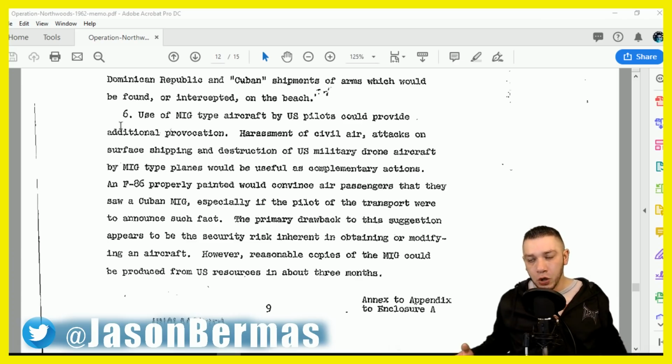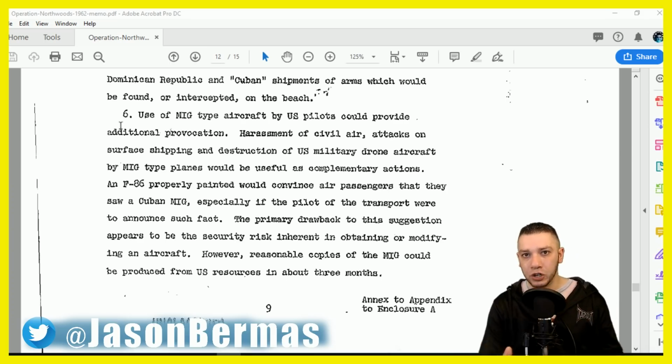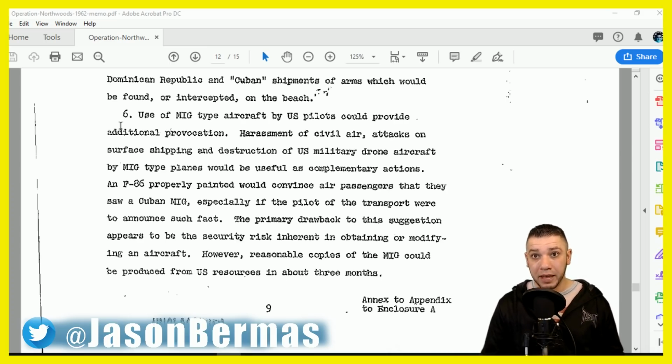So in other words, your pilot in your plane dressed up as a Cuban MiG is going to announce it's a Cuban MiG. The primary drawback to this suggestion appears to be the security risk inherent in obtaining or modifying an aircraft. However, reasonable copies of the MiG could be produced from U.S. resources in about 3 months.